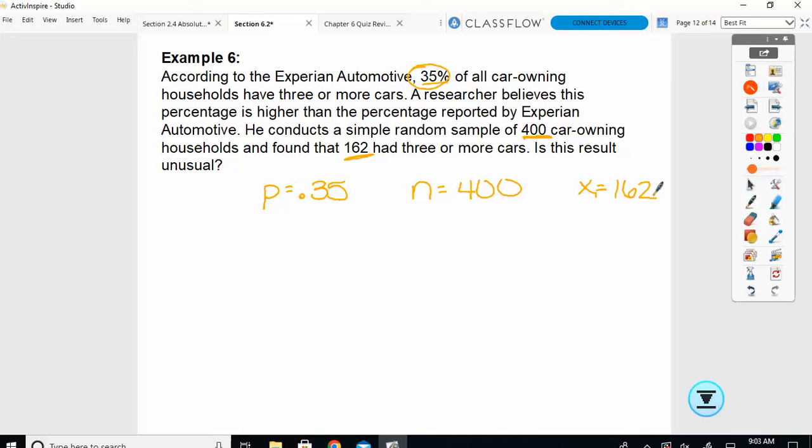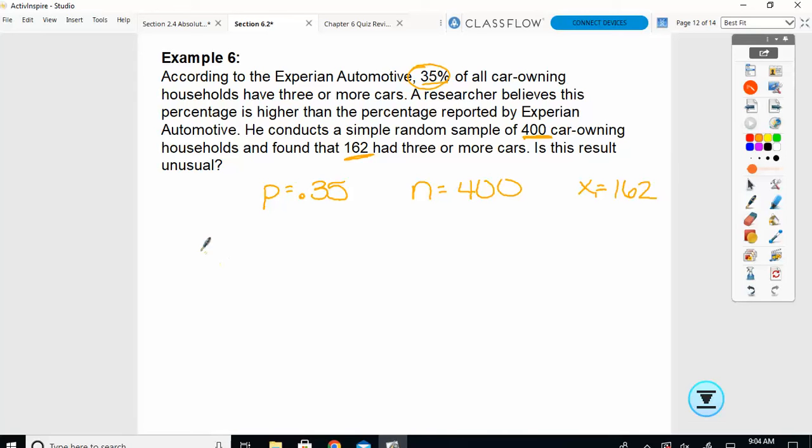So if I wanted to decide if this is unusual, what makes something unusual? If the probability is less than 5%. Is this one that I could use my table for? No. My table, my n only goes up to 20, so I would definitely have to do it by hand.